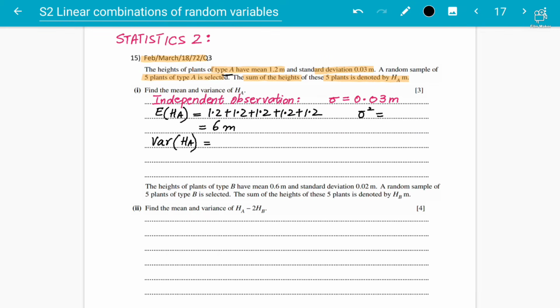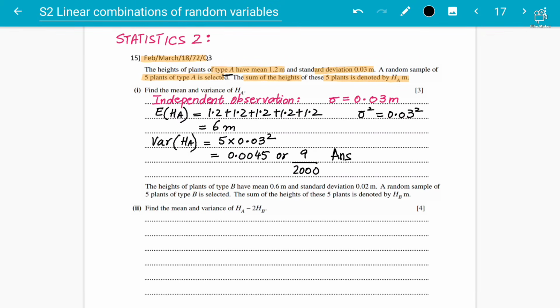So it will be 0.03 squared, and we need to understand that this is the variance, and for 5 plants we have to multiply it by 5. Hope everyone is getting this, and we will get the answer of 0.0045, or if you want to write in fraction form, this will be 9 over 2000 as well.